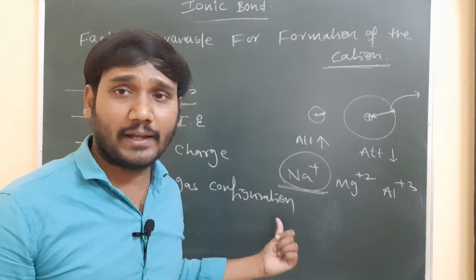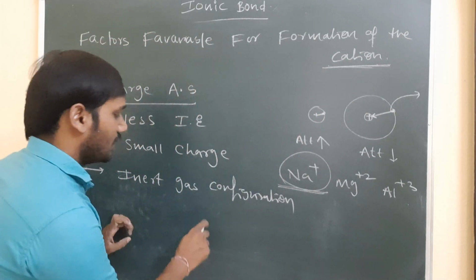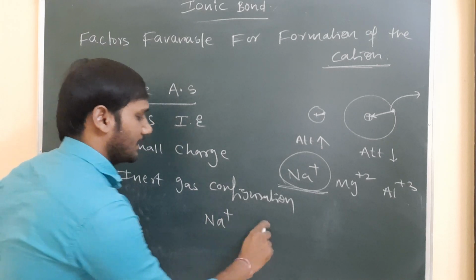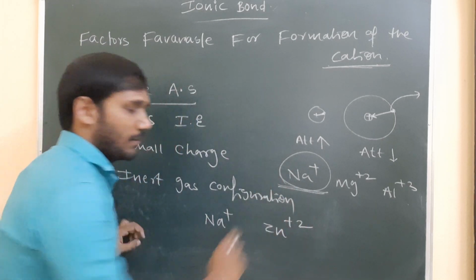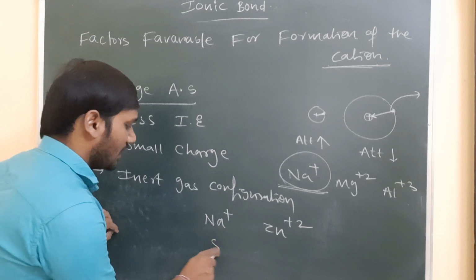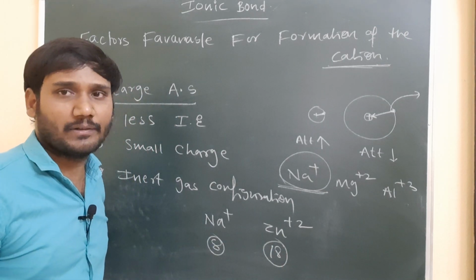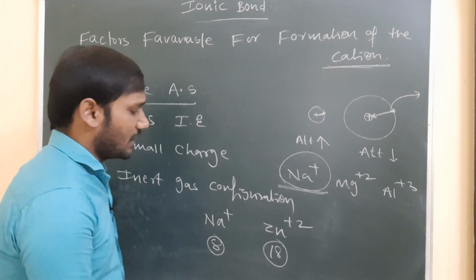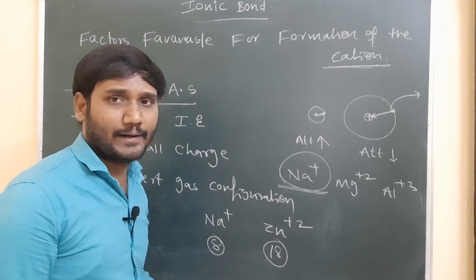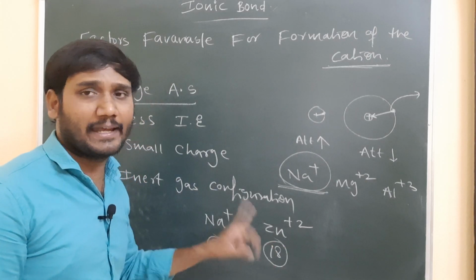They are also cations. For example, take Na+ and Zn2+: in Na+ the valence shell has 8 electrons, and in Zn2+ the valence shell has 18 electrons. We can say this one is an inert gas configuration and that one is a pseudo inert gas configuration. In both conditions, they are cations only.